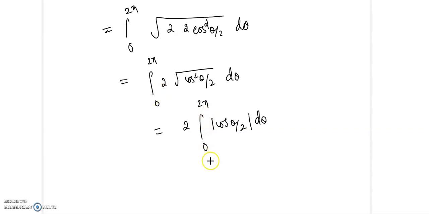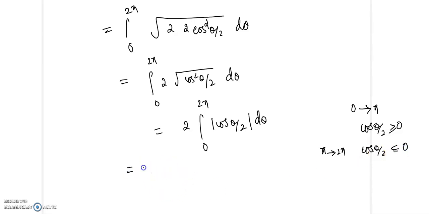So this will be equal to, when we take 0 to pi, theta by 2 will be greater than or equal to 0, and when you take the interval pi to 2 pi, cos theta by 2 will be less than or equal to 0.